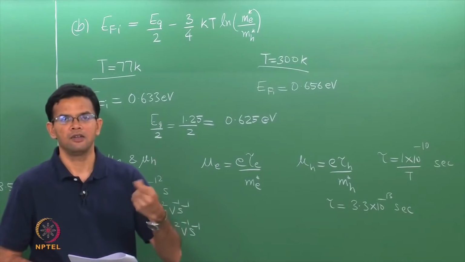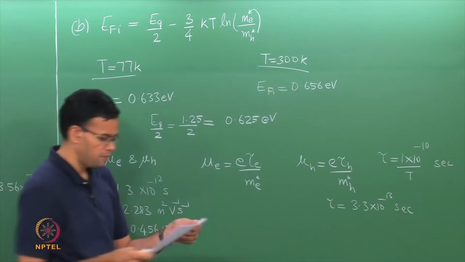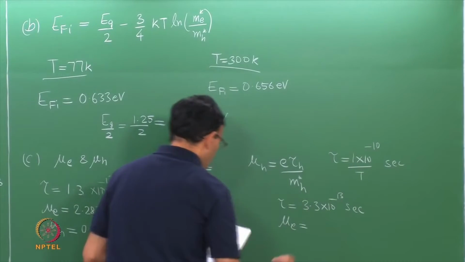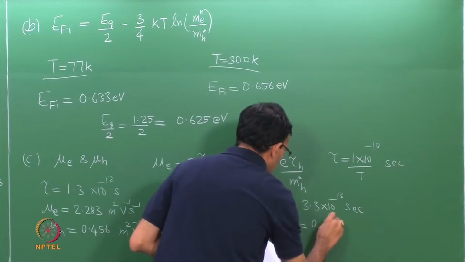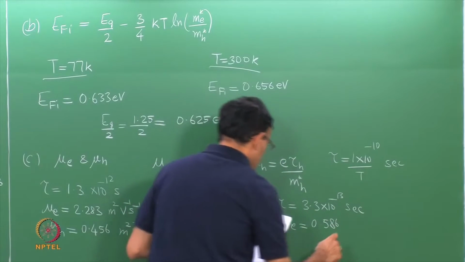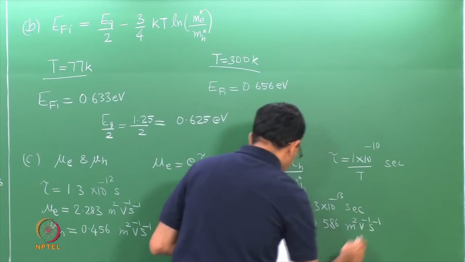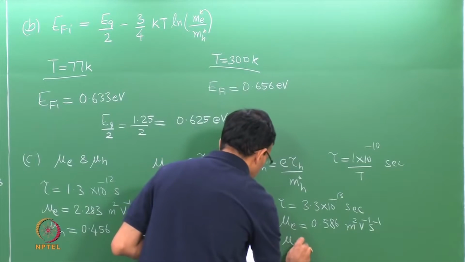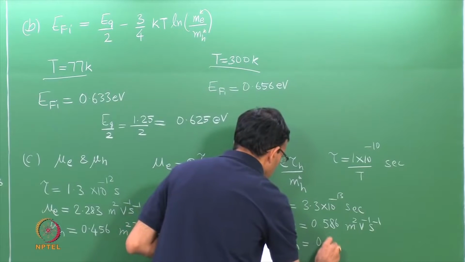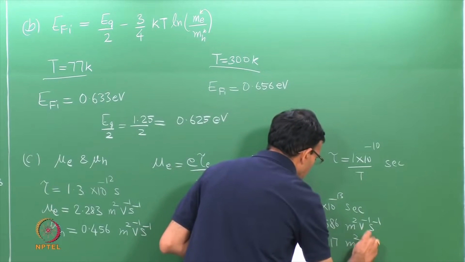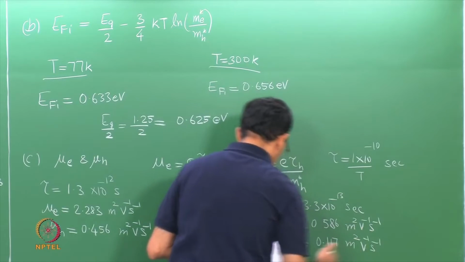So, they can scatter off the atoms quicker. Mu e is 0.586 meter square per volts per second, mu h 0.117 meter square per volts per second.